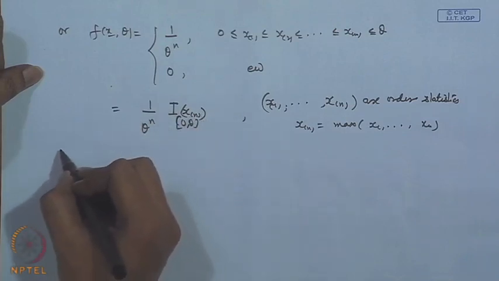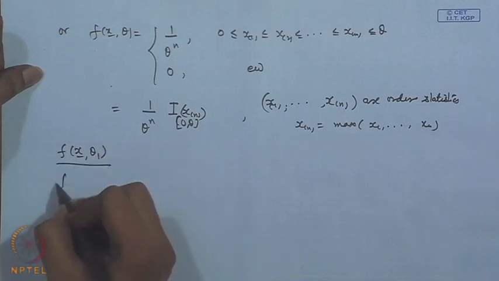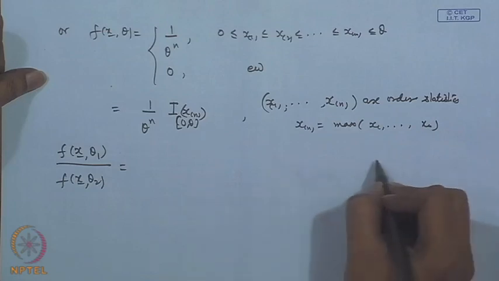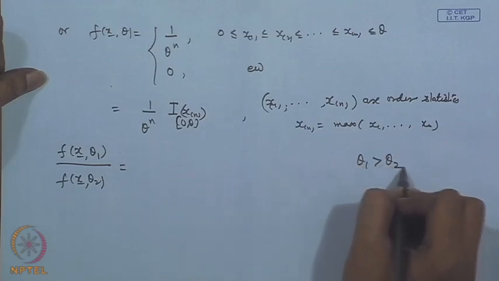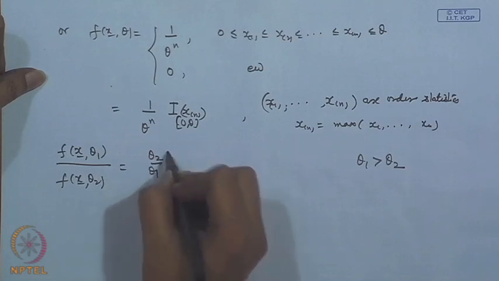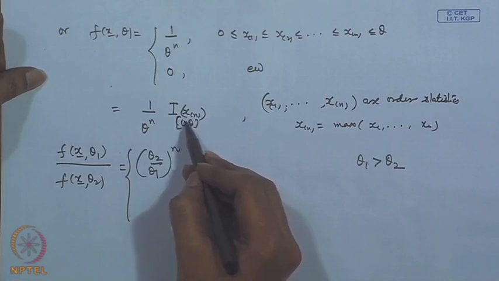So, if I consider say f of x theta 1 divided by f x theta 2, let me take say theta 1 greater than theta 2, then this ratio will become theta 2 by theta 1 to the power n, and ratio of the indicator functions.